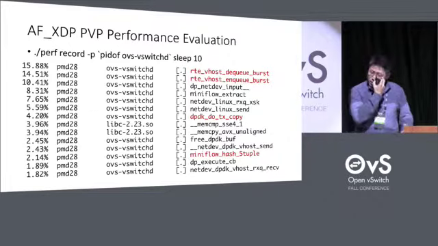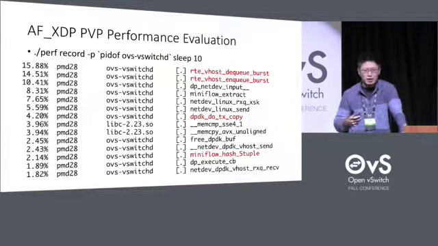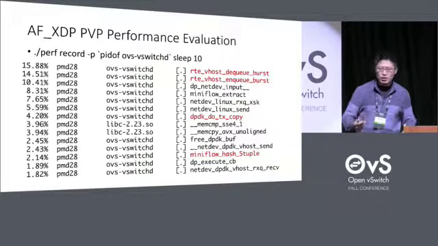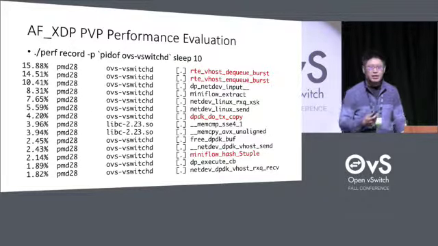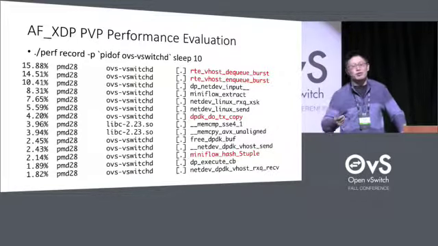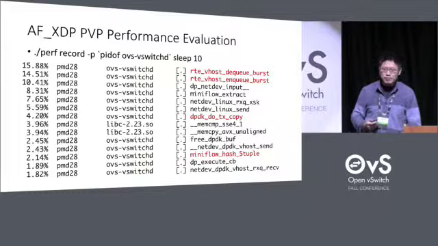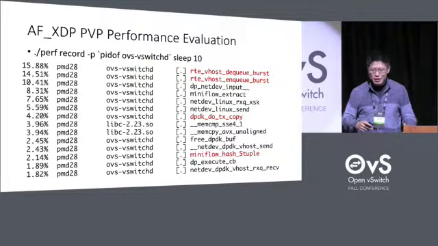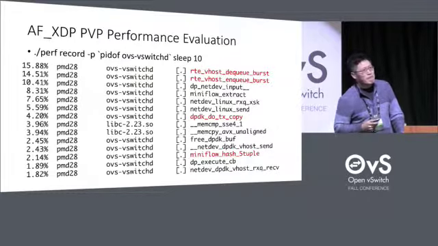So again, we want to understand where the cycles are spent. So perf again shows that this time we probably spend an extra 30% or more on rte_vhost_dequeue. So vhost dequeue is for OVS to receive packets, and vhost enqueue is for OVS to put packets into the virtual machine's VirtIO ring buffer. And I also see that we have a DPDK do_tx_copy.